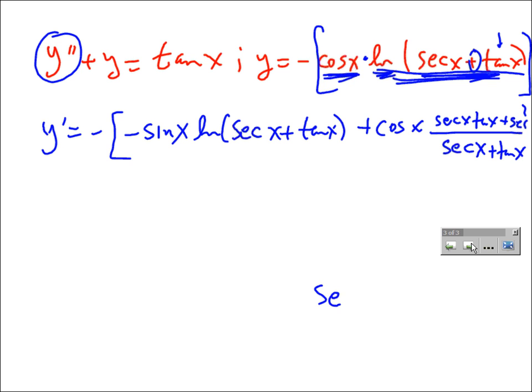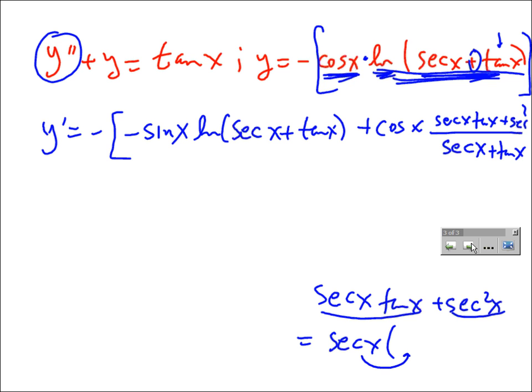So we have secant x times tan x plus secant squared x in the numerator. If I factor, they both have a secant x. Secant x times tangent x gives me that piece. Plus secant x times secant x gives me that piece.